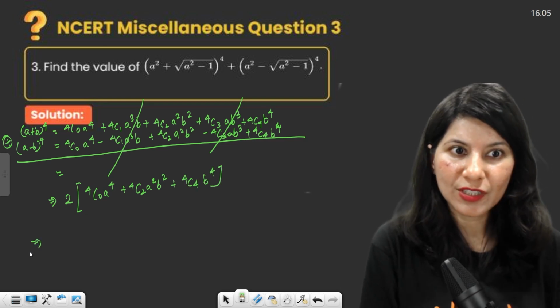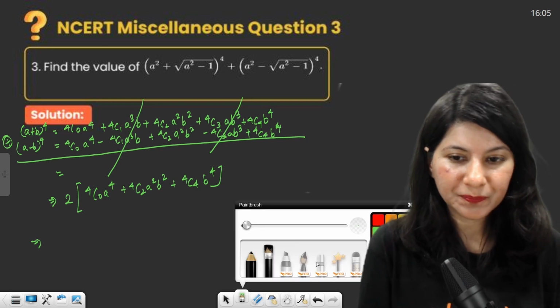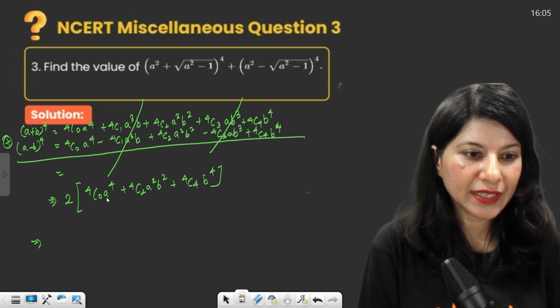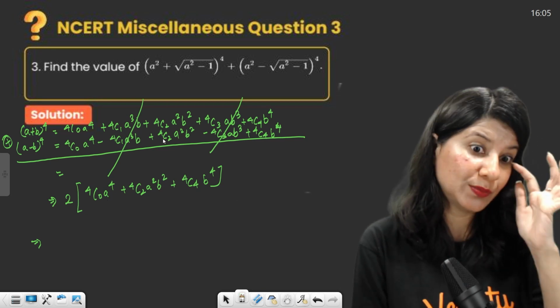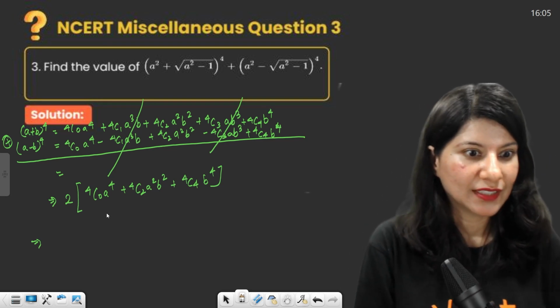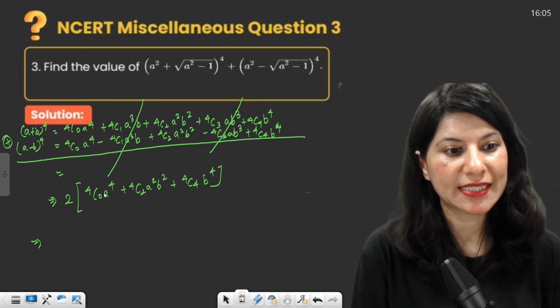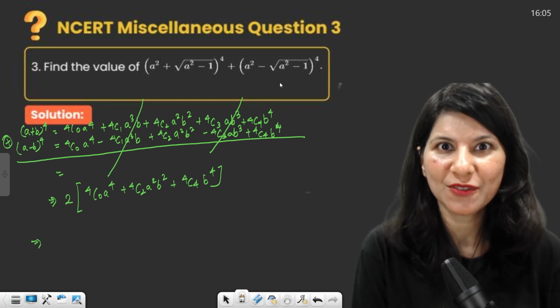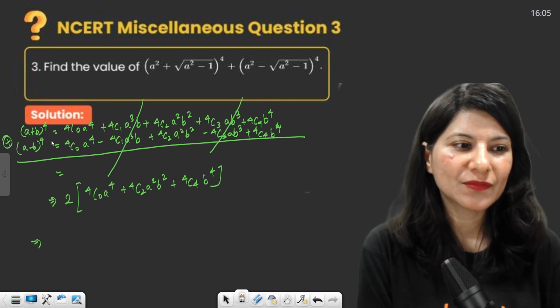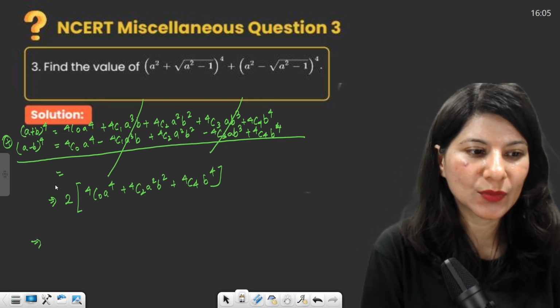Okay. So now just plug in the value. Actually, we have to replace everything by x and y because a is already used. So do one thing, just replace it by x and y, right?